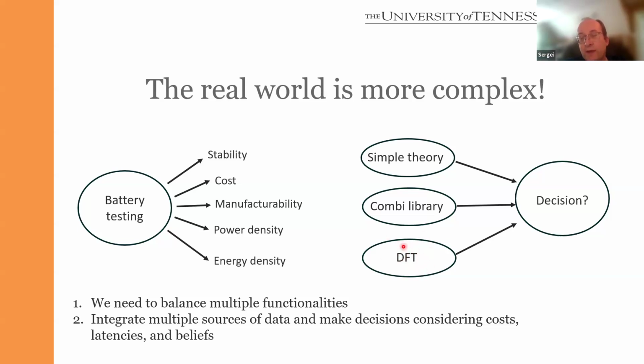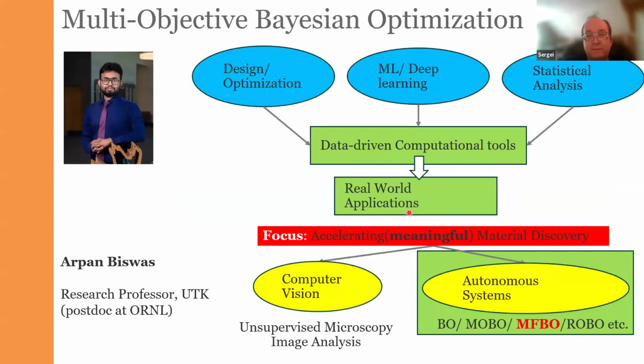And of course, I need to be careful, because a combi library is cheap and real material, but it's not exactly manufactured the same way as the material that I'm interested in. And of course, density functional simulation can be useful for some descriptors of the material, but we are not going to be able to predict the actual defect chemistry within the material. So the decisions in the real world are always very complicated.